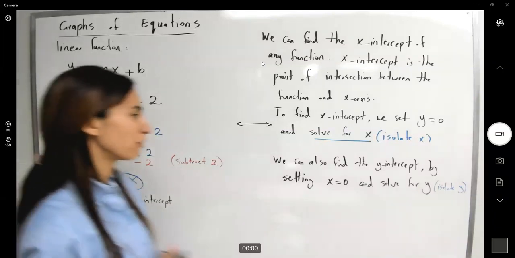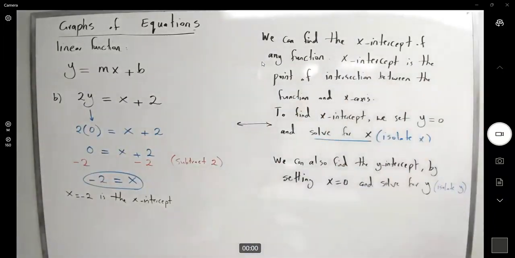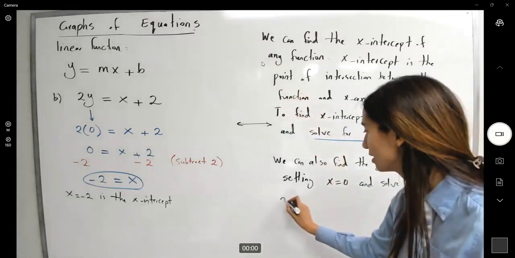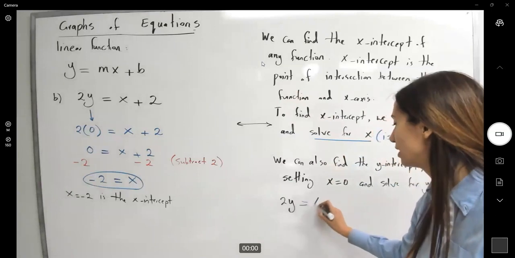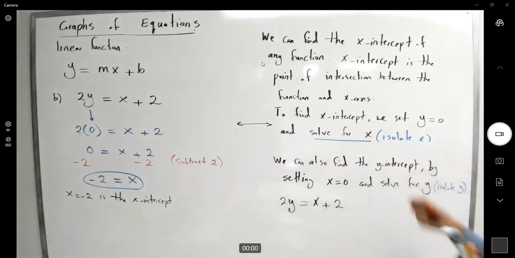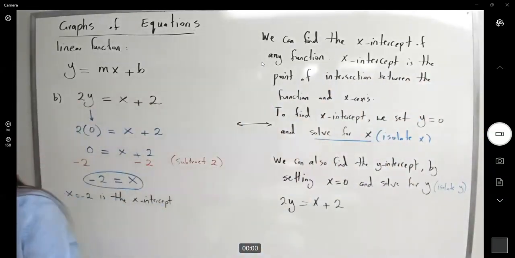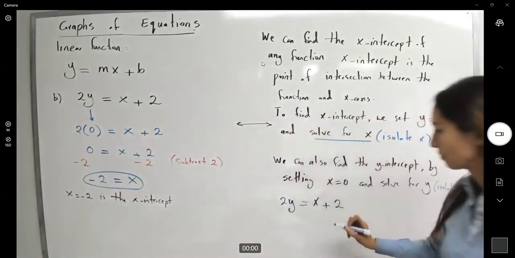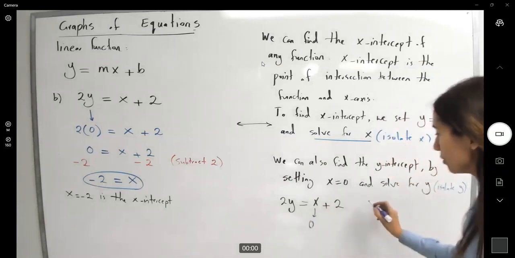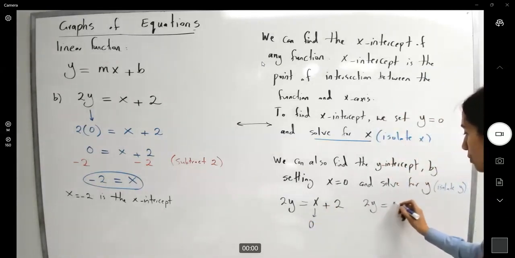If I want to find the y-intercept, I have to set x equal to 0. So let's copy down the equation: 2y is x plus 2. Now set x equal to 0. My x is 0, am I right? So I have 2y equals 2.